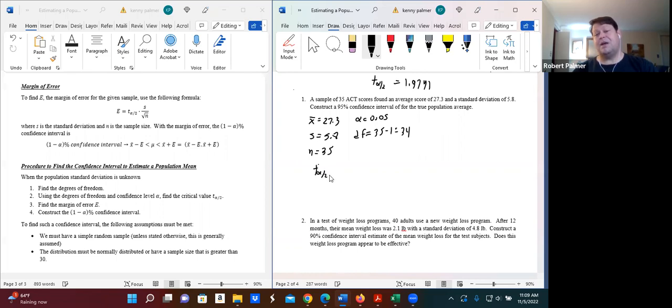And here we'll just use Excel again. So it's going to be in Excel, t.inv.2t, and then 0.05, and then 34. Let's plug that in.